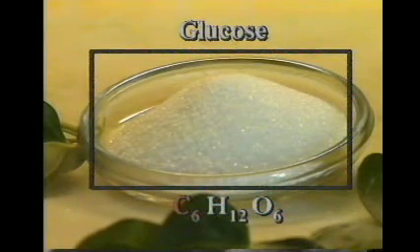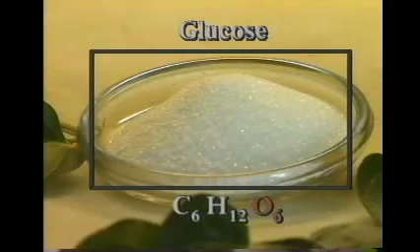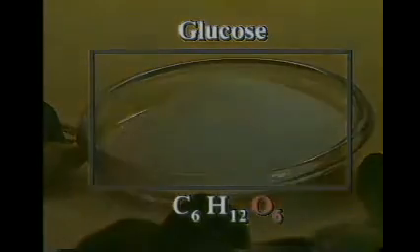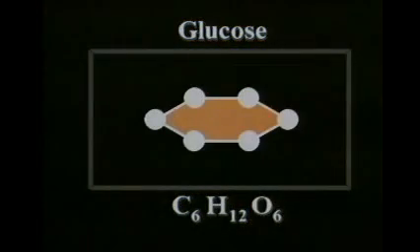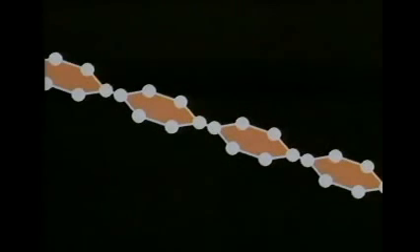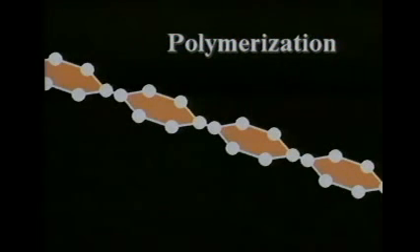Glucose is made up of 6 atoms of carbon, 12 atoms of hydrogen, and 6 atoms of oxygen, arranged in a ring-shaped structure. This simple ring is the building block from which more complex molecules are formed. This joining process, creating larger molecules from simple units, is called polymerization.